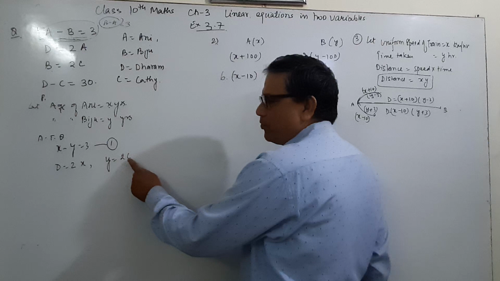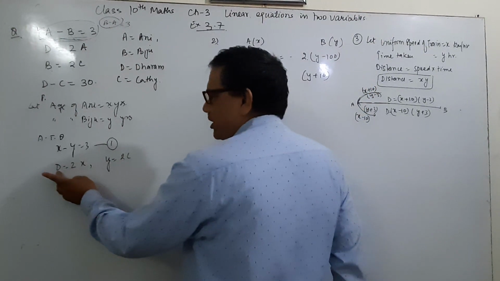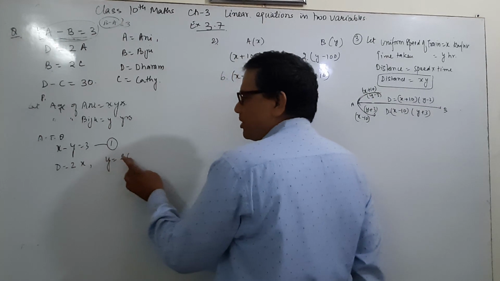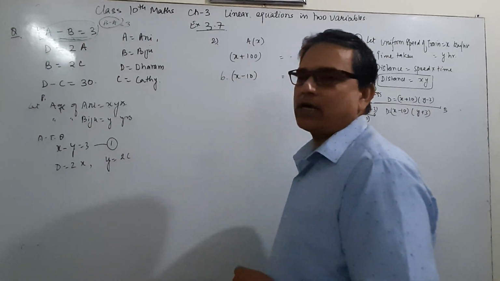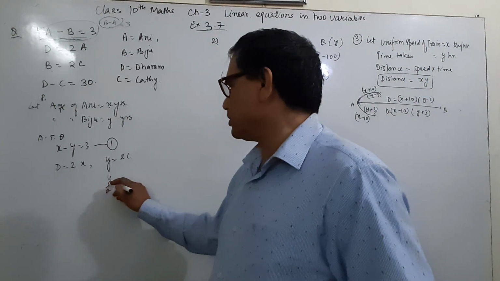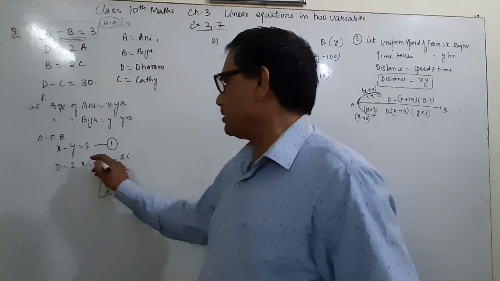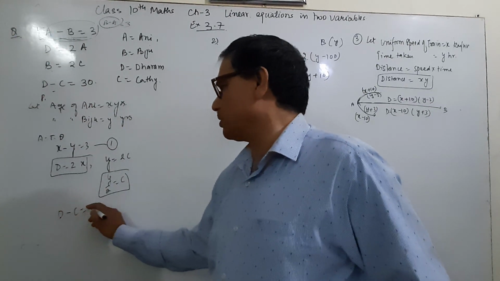So D is in terms of X and B is in terms of C. But we want the answer in X and Y. So I have D in terms of X, and we want C in terms of Y. So 2 is multiplied here, and that will transfer to the left-hand side and divide. Y upon 2 is equal to C. This is C and this is D, and we know D minus C is equal to 30.